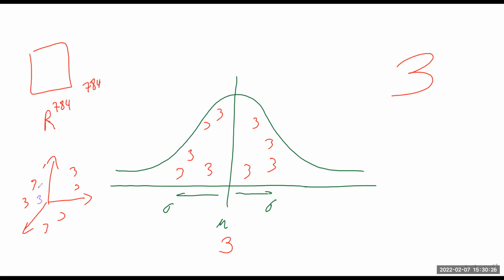So now you can calculate the distances between all the images and that mean 3. One could make the argument that the 3s closest to the mean are the best 3s, and the 3s furthest away from that mean 3 are the worst, if you want to think of it that way.